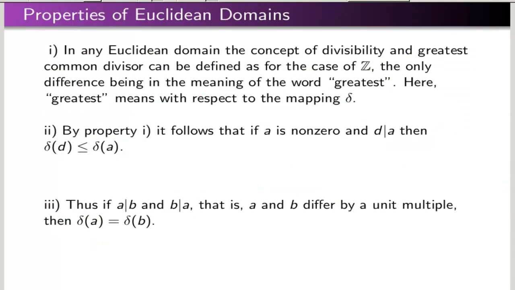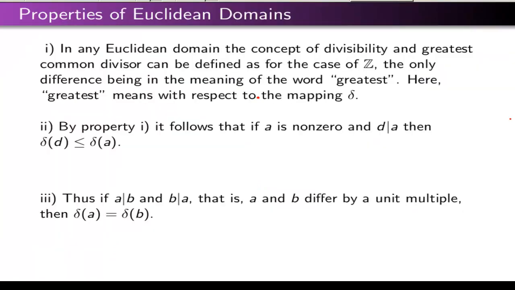The concept of divisibility and greatest common divisor can be defined just as we did for the integers. The only difference is in the meaning of the word greatest. So here greatest means with respect to the mapping delta.